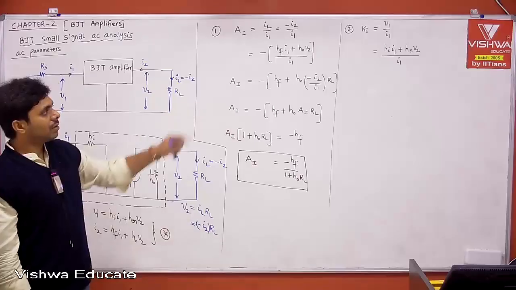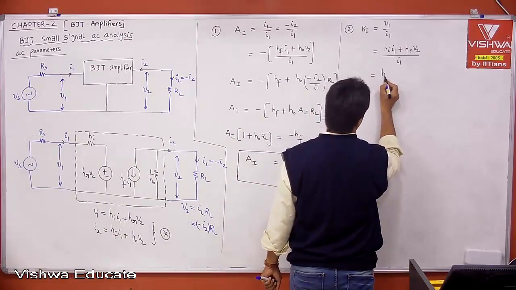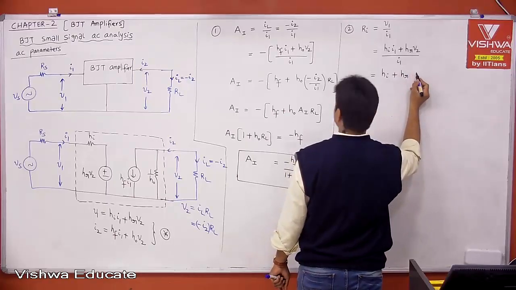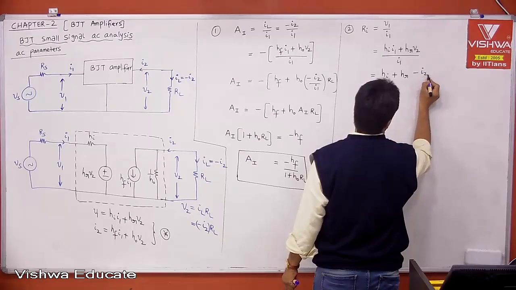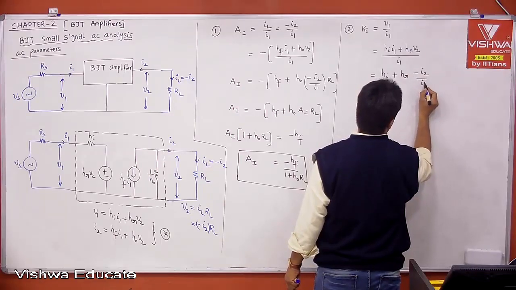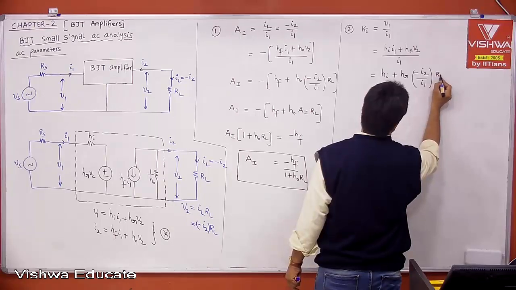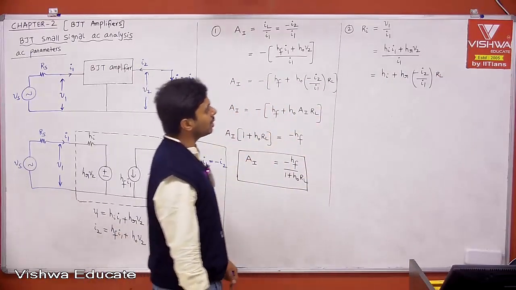Then I1 will be cancelled, so it is simply Hi plus HR into, what is V2? Which we already wrote before, which is minus I2 into RL, divided by I1. And what is minus I2 by I1? That is nothing but the current gain.